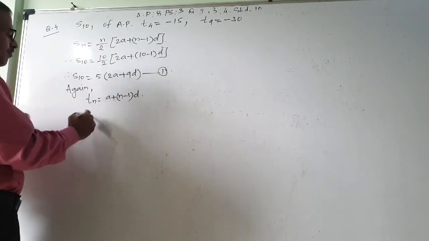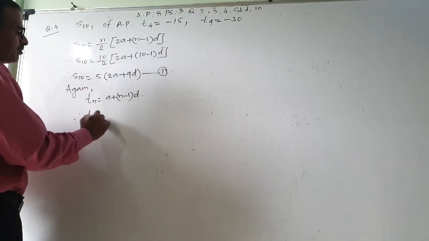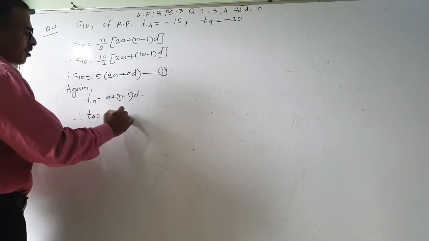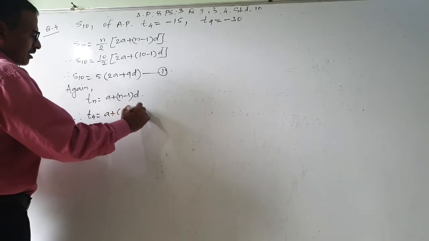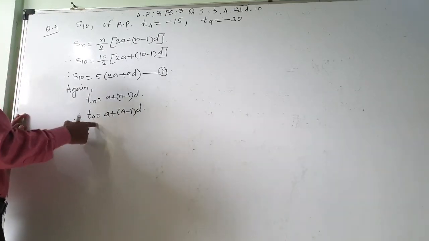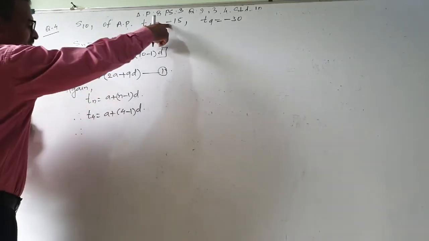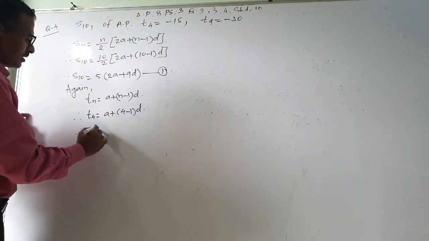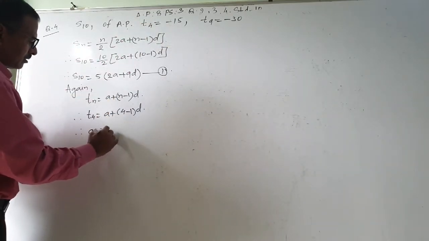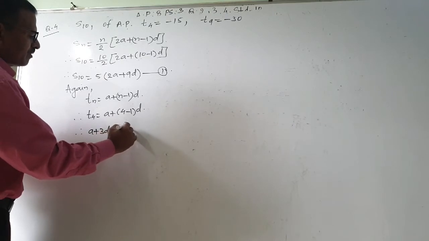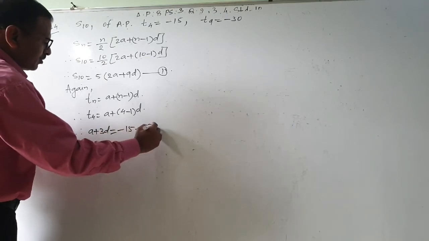Therefore, this is T4. T4 equal to a plus 4 minus 1 into d. Therefore, T4 is minus 15. So a plus 3d equal to minus 15. This is your number 2.